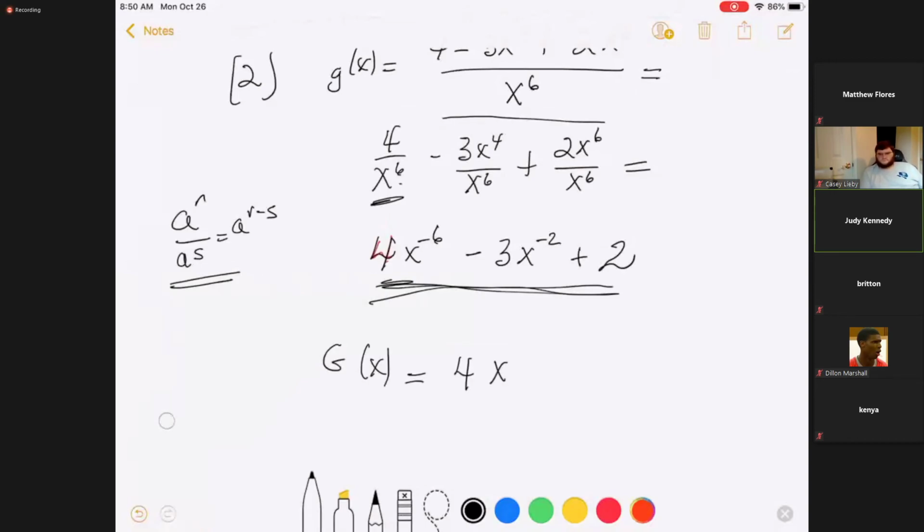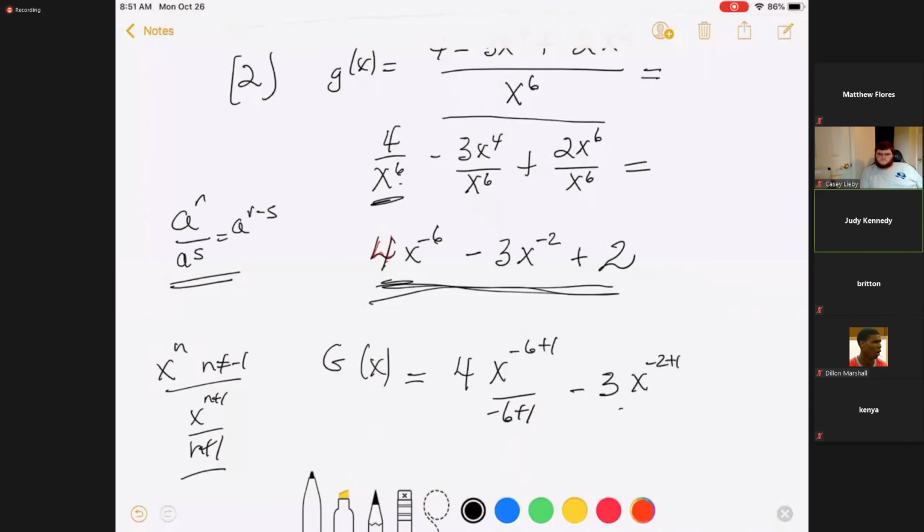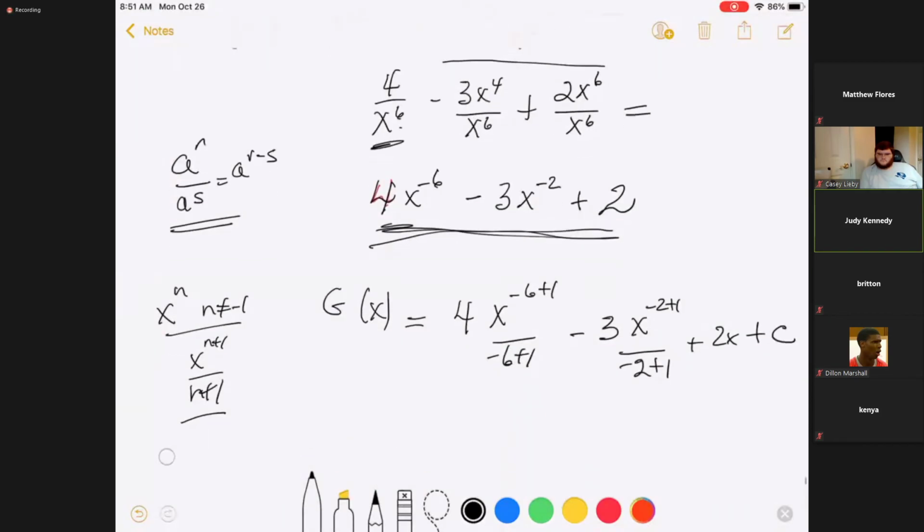4x. Okay, for x to the n, the rule is x to the n plus 1 over n plus 1. Using that, 4x to the minus 6 plus 1 over minus 6 plus 1. Minus 2 plus 1 over minus 2 plus 1, that's right. Plus 2x plus a constant.